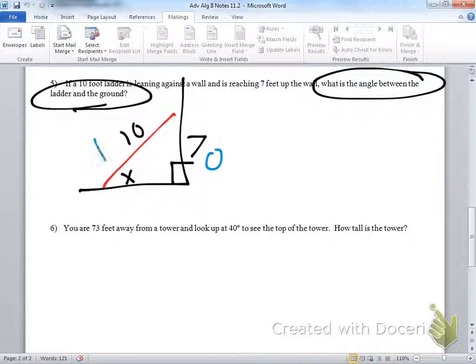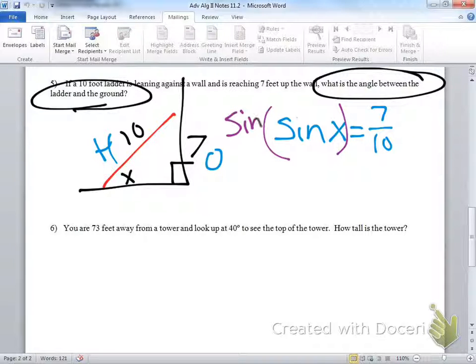That's opposite. That's hypotenuse. So you're correct, it's sine. Sine x equals 7 over 10. And how do I get the x by itself? Inverse sine of both sides.